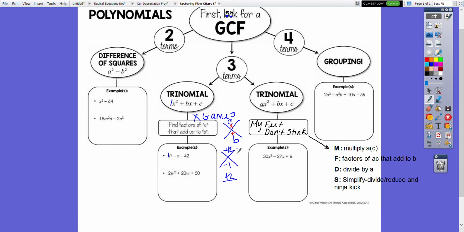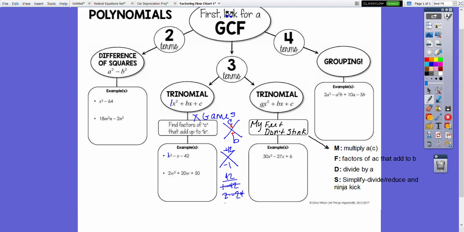So if you don't automatically know numbers that multiply to negative 42 and add to negative 1, you can make a factor chart right here. So 1 times negative 42, well, 1 minus 42 is negative 41. That doesn't work. 2 times negative 24, 2 minus 24, I should say, is negative 22.